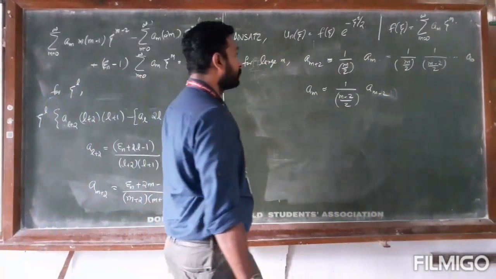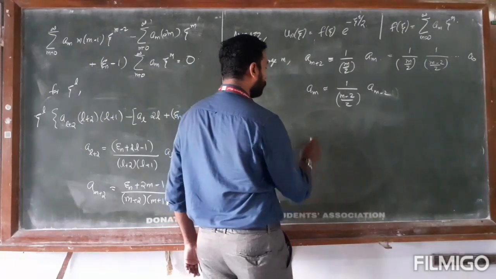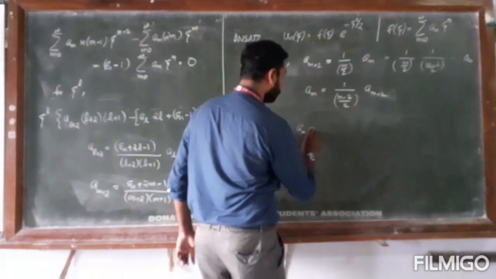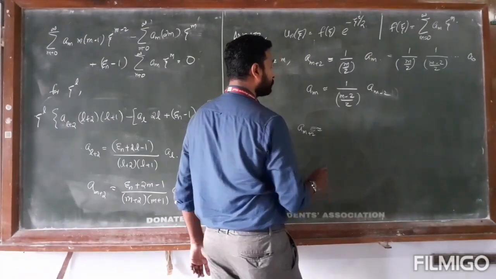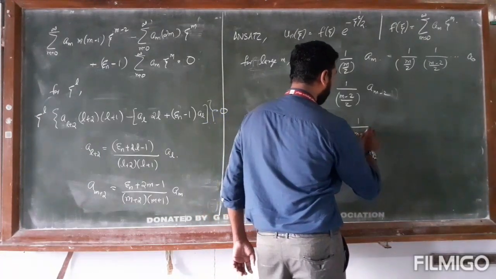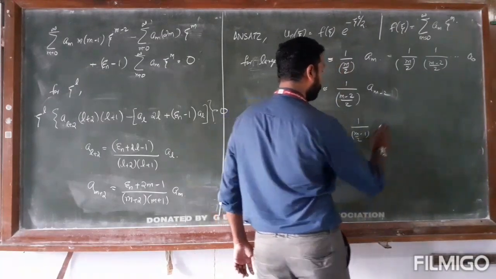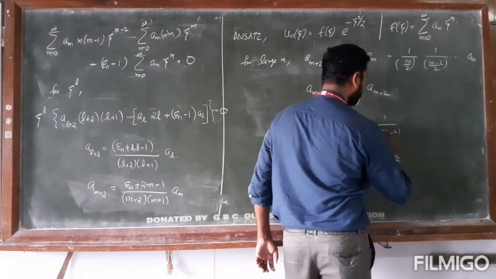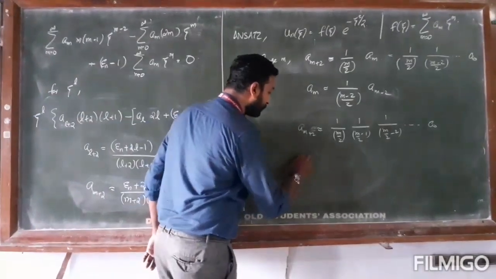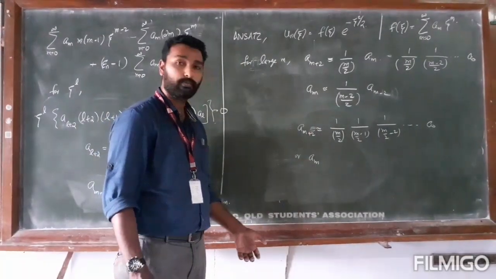So what can I do? I can write a_m, or a_(m+2), as approximately 1 by m by 2, times 1 by m by 2 minus 1, times 1 by m by 2 minus 2, etc., up to a_0. So if m is large, whether a_(m+2) or a_m, they are almost the same, so we get the functional form of a_m.